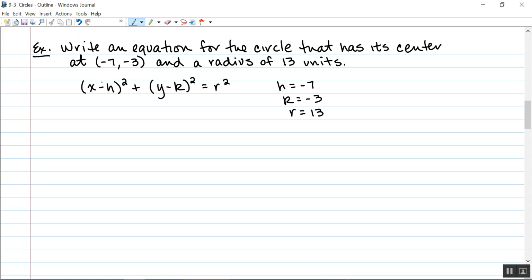So I just plug those numbers in here. x minus a -7 is x plus 7 squared, plus y minus a -3 is y plus 3 squared, equals r squared. 13 squared is 169. And that's the equation. Oops, I forgot the squared. There we go.